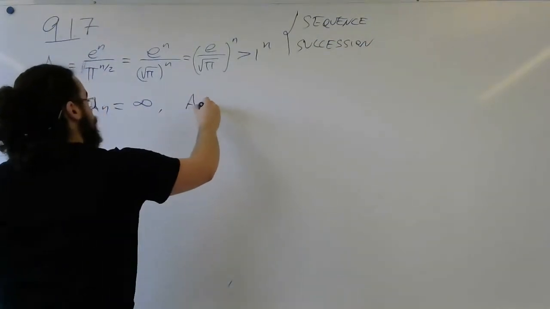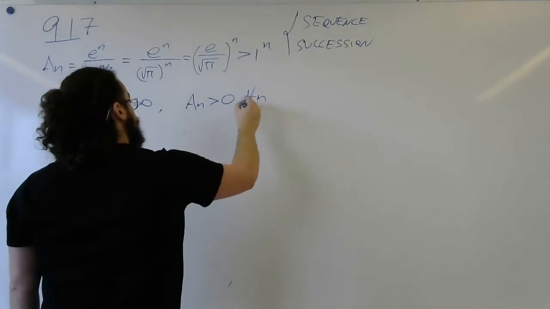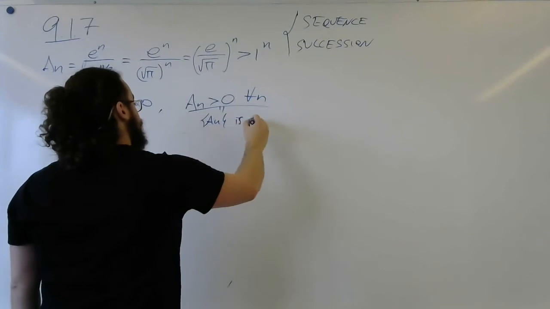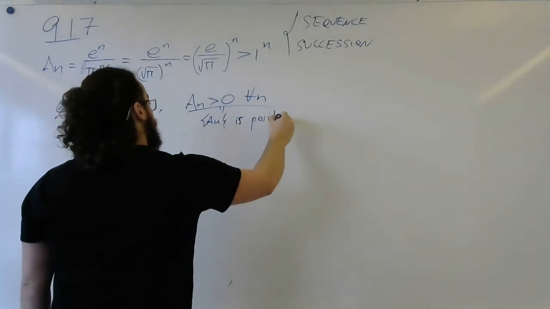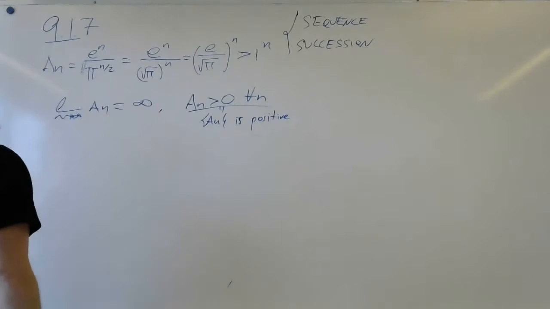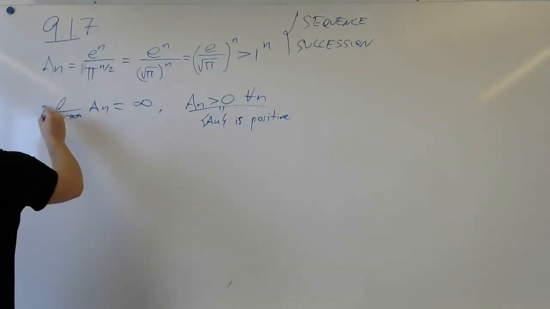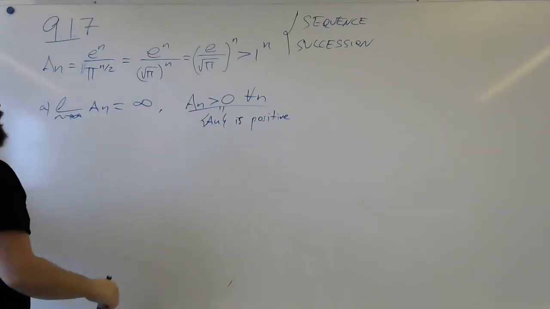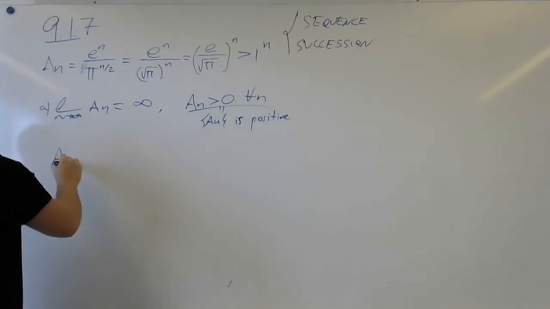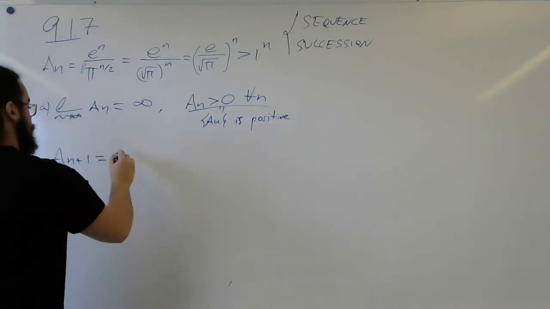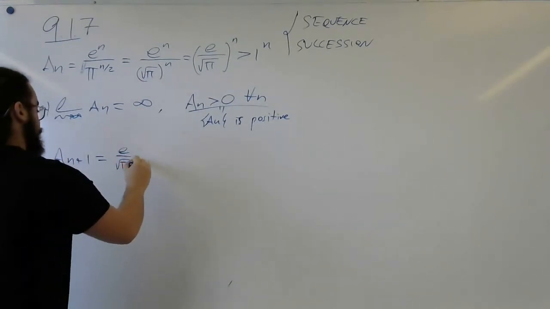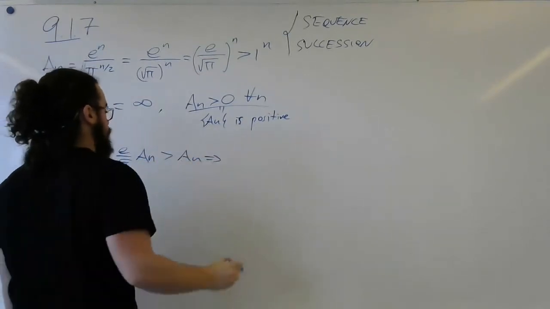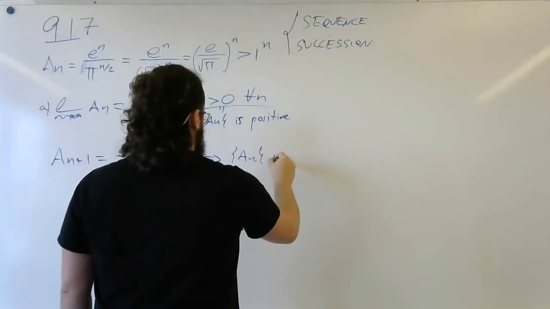Second of all, the sequence is positive. If it's bounded, it's bounded by the lowest term because a_(n+1) is equal to e over square root of pi times a_n, which is greater than a_n. So the sequence is increasing.